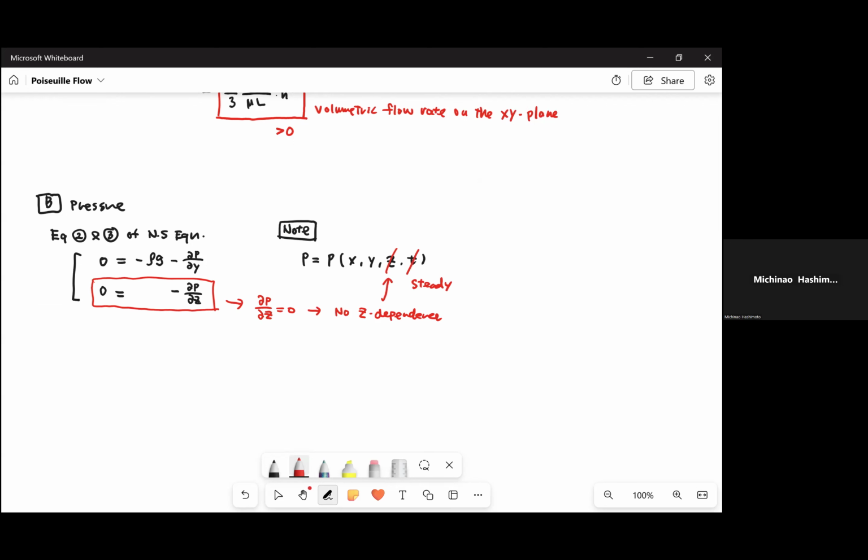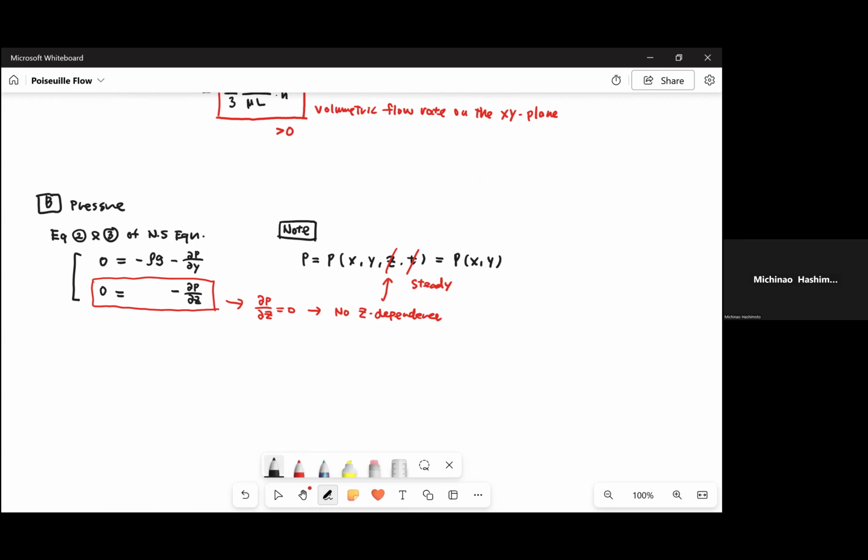However, for this pressure field, it's a bit more tricky. In fact, we can simplify only this much. The pressure field is a function of x and y, so we still have two variables.